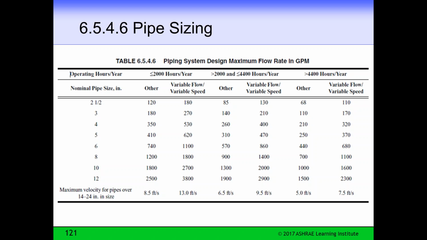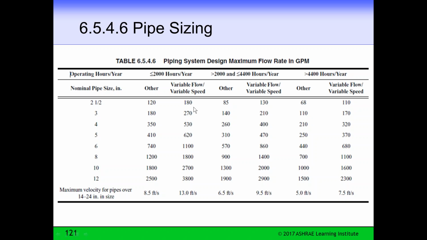So based on how often the system runs, whether it's less than 2,000 hours per year, greater than 2,000 and less than 4,400 hours, or greater than 4,400, which is pretty close to a 24/7 operation, you can kind of see that most things would fall in the middle, and some things would fall on the bottom.